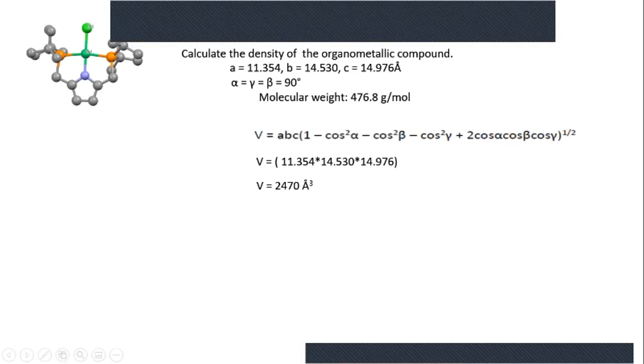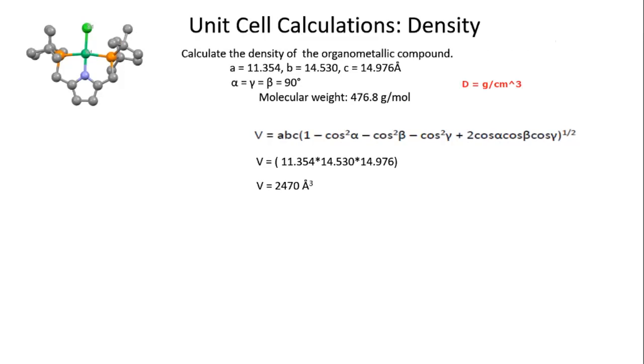But for density, density is in gram per centimeter cubed. So once you find the volume in angstrom cubed, you have to convert it to centimeters cubed. And so this is the volume in centimeters cubed, just converting from angstrom cubed to centimeter cubed. And you have to do this because density is reported usually as gram per centimeter cubed.